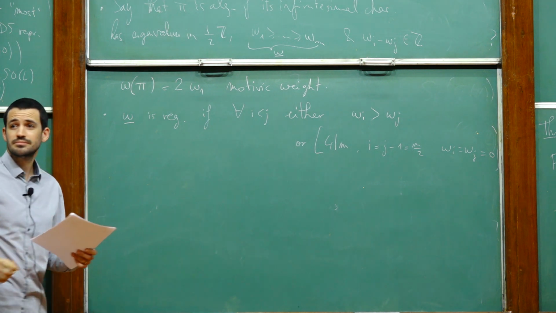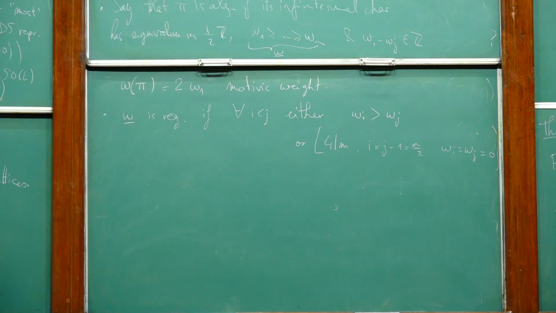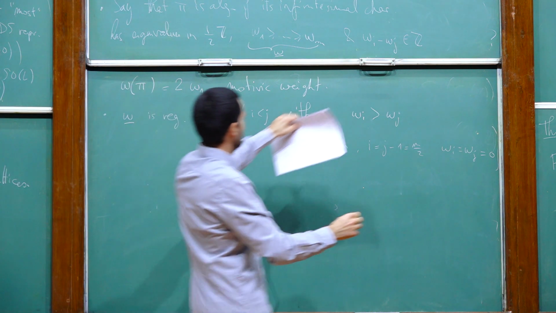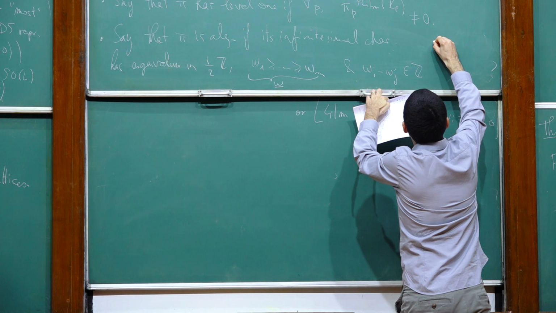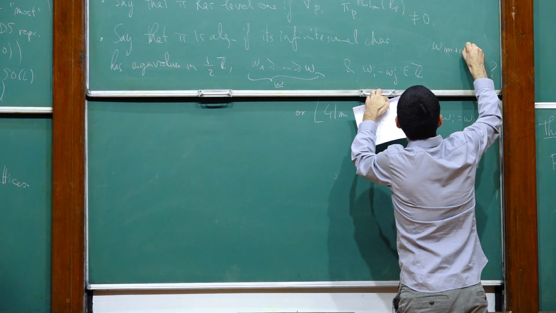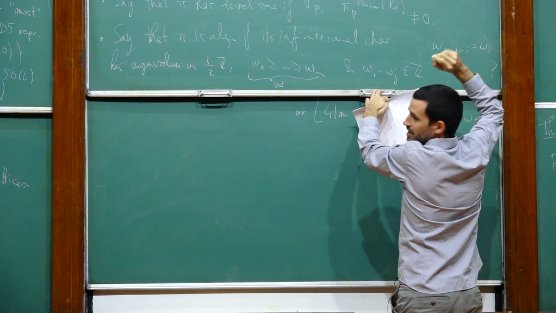You don't require the half-integer condition to be related to m? No. Actually, something that is automatic is W_{m+1-i} equal to Wi.